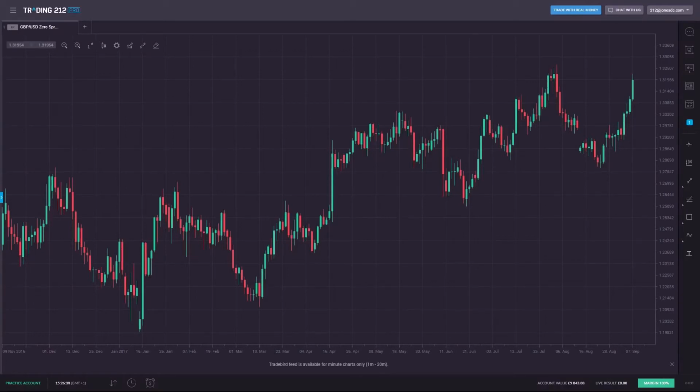So if we're looking here, in this example, pound US dollar, we can see at the beginning of 2017, so January 2017, £1 would buy you around about $1.22. At the beginning of September, the pound had risen in value, and £1 would buy you $1 and almost 32 cents. So when we're looking at forex pairs, foreign exchange trading, we're looking at the value of one currency versus another.